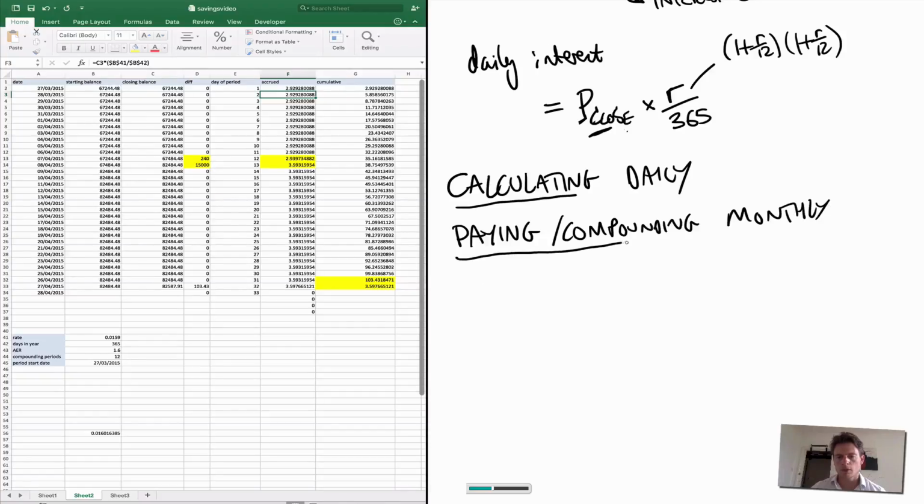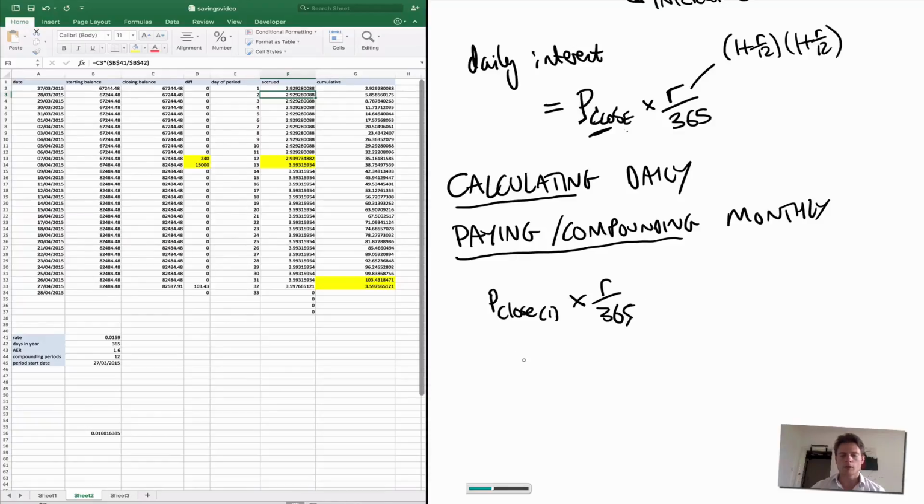The first time I saw this, I found it a bit difficult to get my head around. Ultimately, after day one, the interest you've earned is P close day 1 times R over 365.